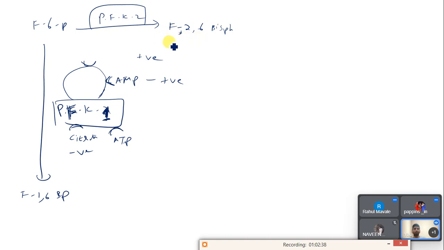You have to convert it to energy. So this is the fourth positive regulator. So right now we have learned there are two negative regulators.